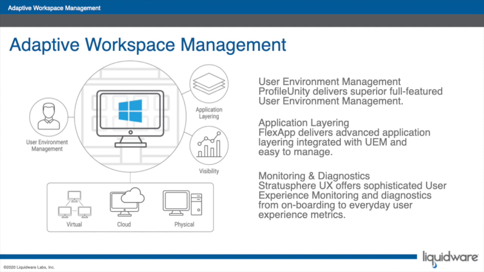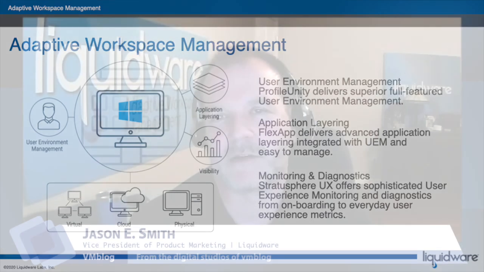And then a filter driver makes that application look and act as if it's actually in the native OS environment. So applications can follow the user. You don't have to repackage them if you've changed the OS version. So there's some stark contrast and differences in there from the tool sets that may be offered from the desktop vendors. So it's an advanced way to package up apps and has a high compatibility rating as well.